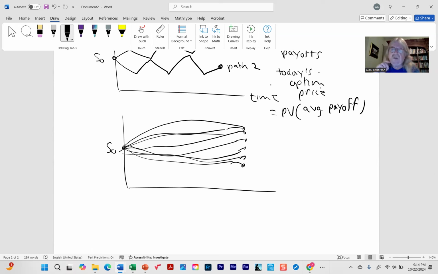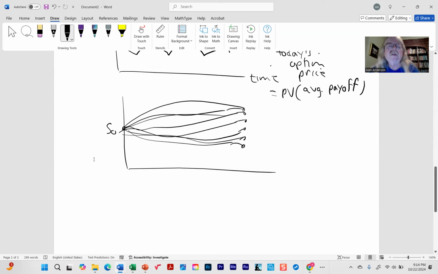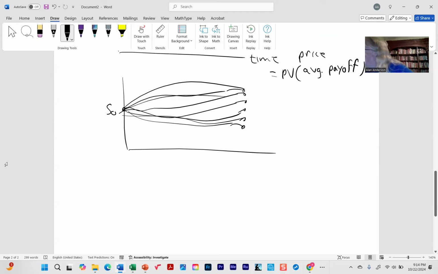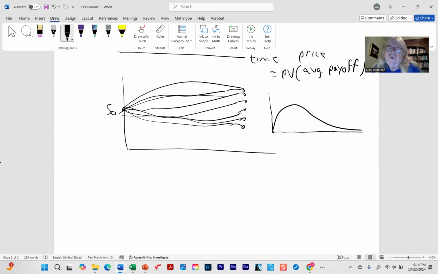And what you're creating is a probability distribution, some kind of density function. It will follow the lognormal distribution. So you're going to get a bunch of values that look something like this if you do enough of them.